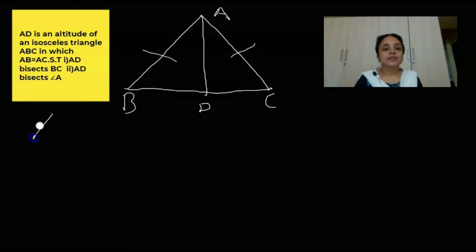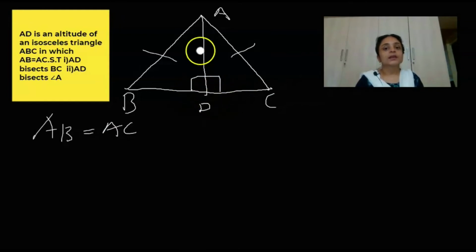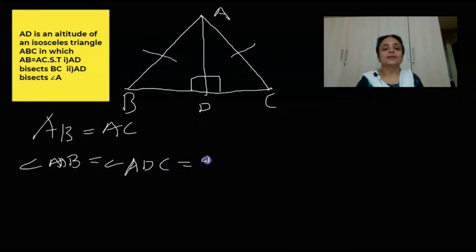We are given that AB is equal to AC, and the altitude of a triangle makes an angle of 90 degrees with the base. So angle ADB is equal to angle ADC is equal to 90 degrees. So this side is equal and this angle is equal.